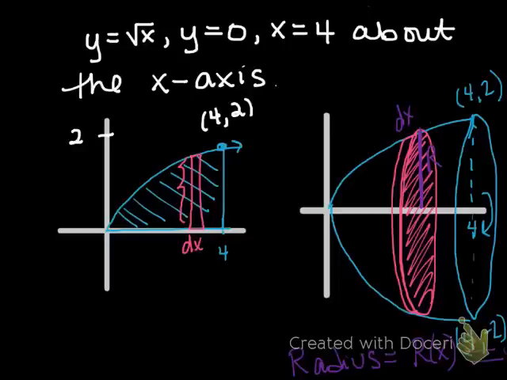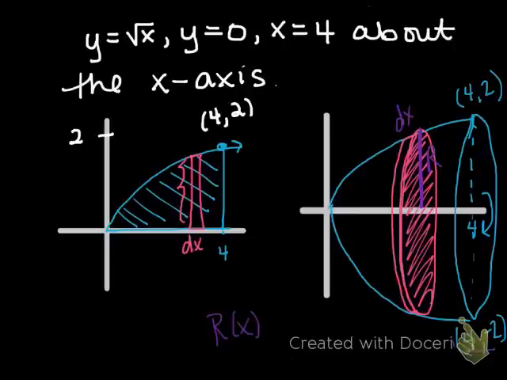I'm running out of room here, so I'm going to write this over here. So radius is equal to y top minus y bottom. And from our picture, we see that y top was the square root of x, and y bottom was just 0. So our radius expression will just be the square root of x.